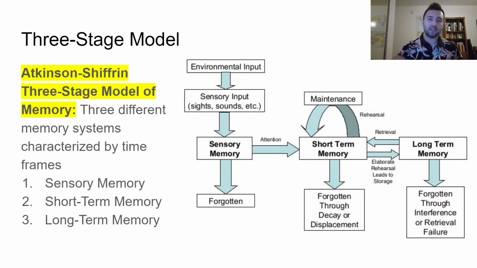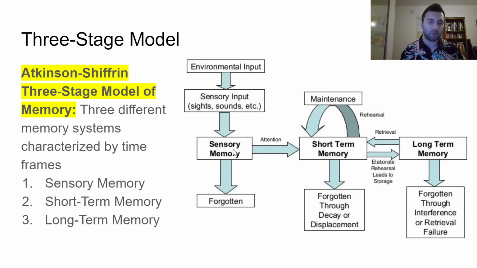The basic idea is information comes in from the outside world. That's our environmental input. You can see that here, right? And it goes through these sensory inputs. This is our senses. Think about sensation and perception. This is what we talked about right here, sensory input. When information comes in, it goes to our brain and it goes to what is called the sensory memory.